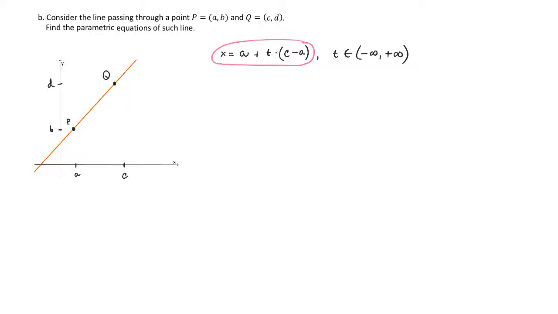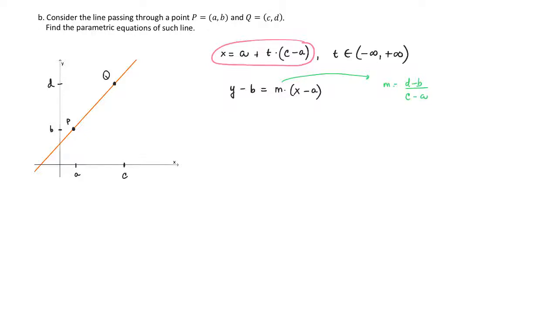So we will have y equals, no, I'm lying, y minus b equals the slope times x minus a. Now the slope, I'm going to have to do better than that. The slope here is going to be d minus b divided by c minus a.